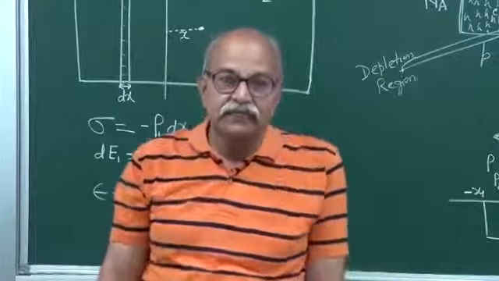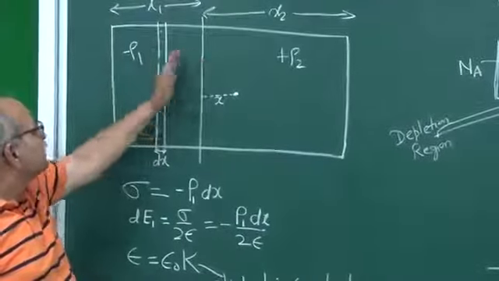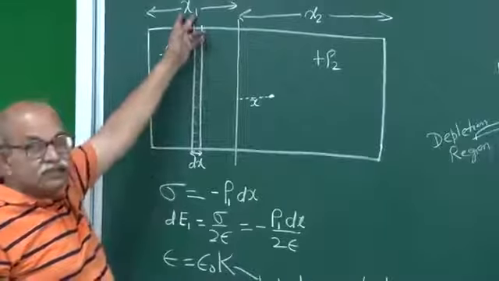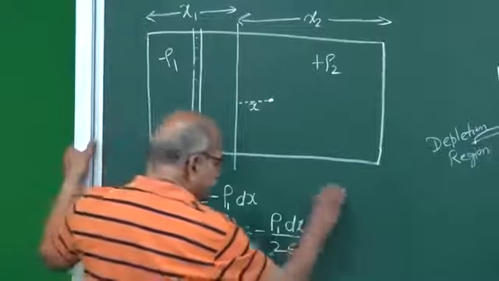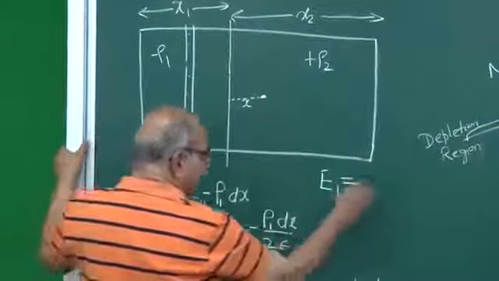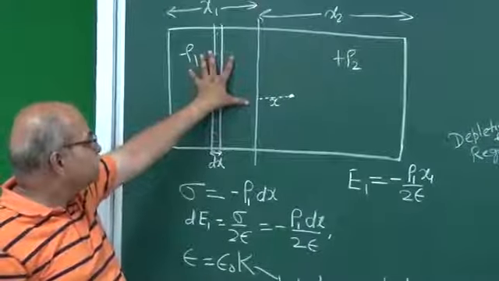Then you integrate over the entire width x1, so dx will be integrated to x1, and E1 will be equal to minus rho 1 divided by 2 epsilon times x1. This is the field at this point because of this whole negative charge here.